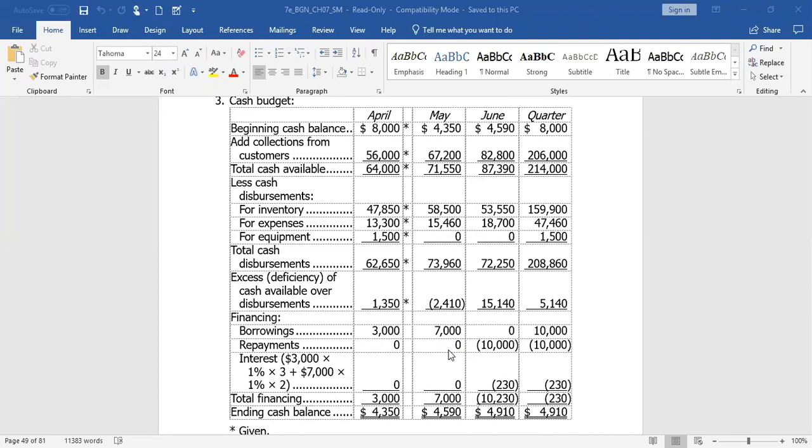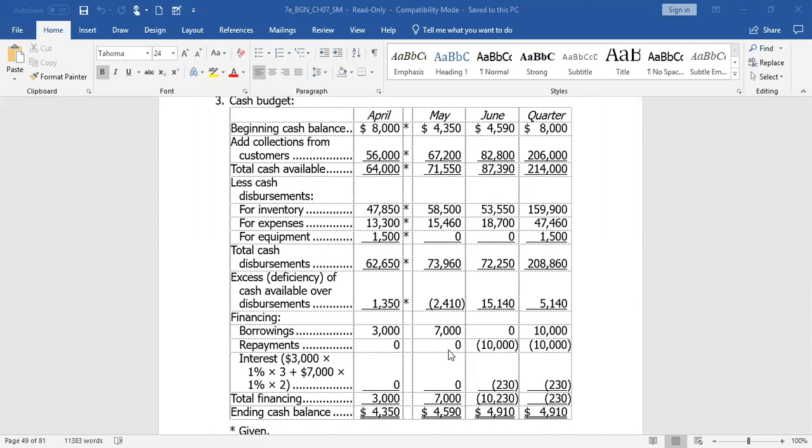The interest rate on this loan is 1% per month, and for simplicity, we will assume that interest is not compounded. The company would, as far as it is able, repay the loan plus accumulated interest at the end of the quarter.